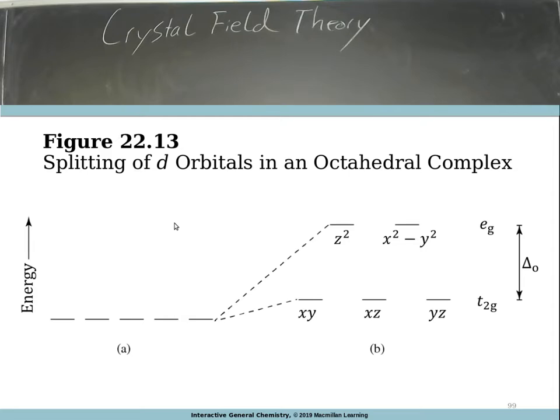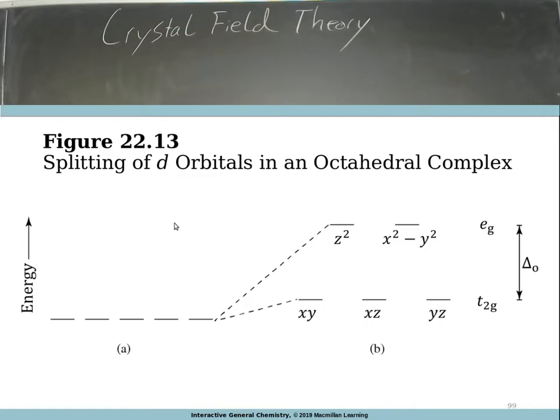The xy, xz, and yz increase a small amount, and the z squared and the x squared minus y squared increase by a larger amount. And those form 2 new distinct energy levels. They're called the eg and the t2g energy levels. Why they have those names, go ahead and take Chemistry 3620 to figure out what those letters mean. But anyway, those are the 2 new energy levels.